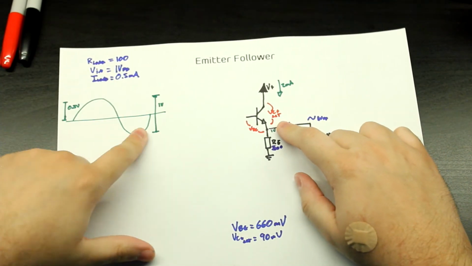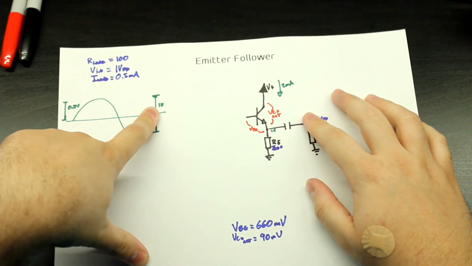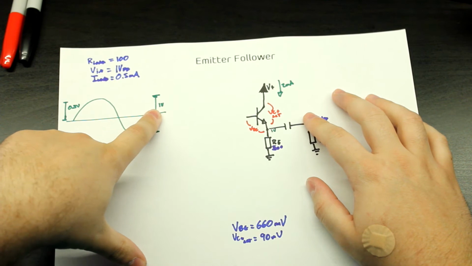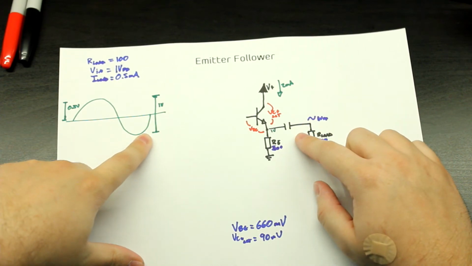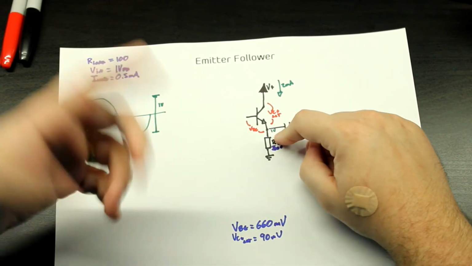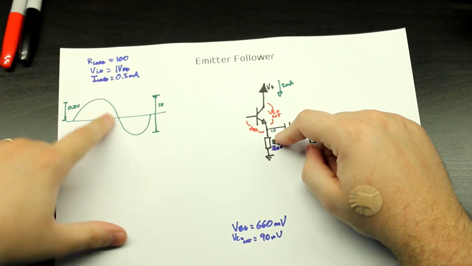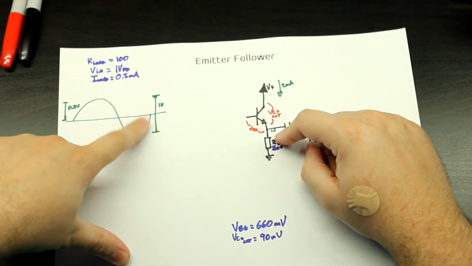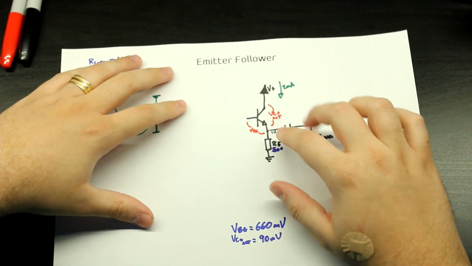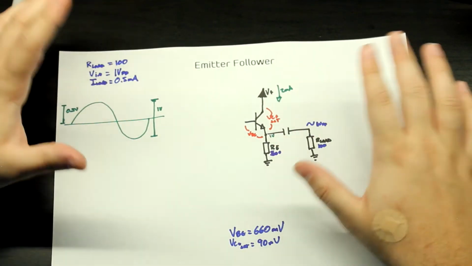If this voltage was higher, for example 2 volts peak to peak, then you would have to choose a higher voltage here, let's say 1.5 volts, just so that you can take care of the bottom side of the sine wave. So in this case, we're going to use 1 volt here.